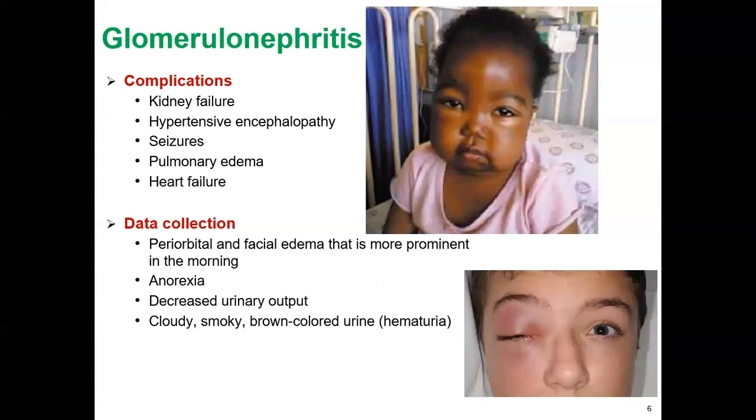Some patients present with oliguria or brown colored urine. It is easy to remember as Coke colored urine, Coca-Cola color. And also signs and symptoms of hypovolemia like hypertension, dyspnea, or edema.